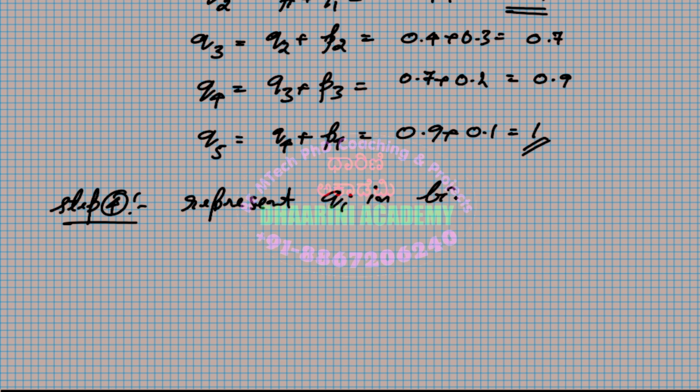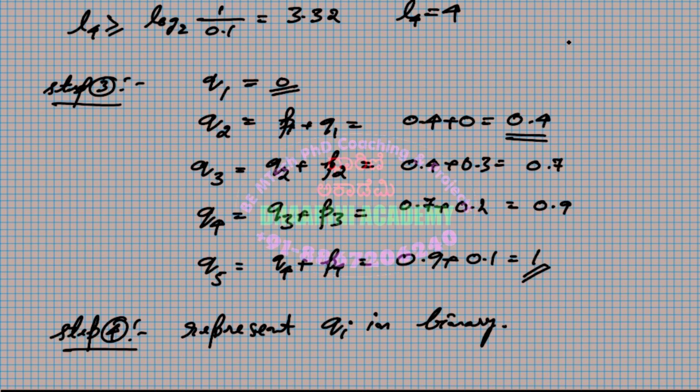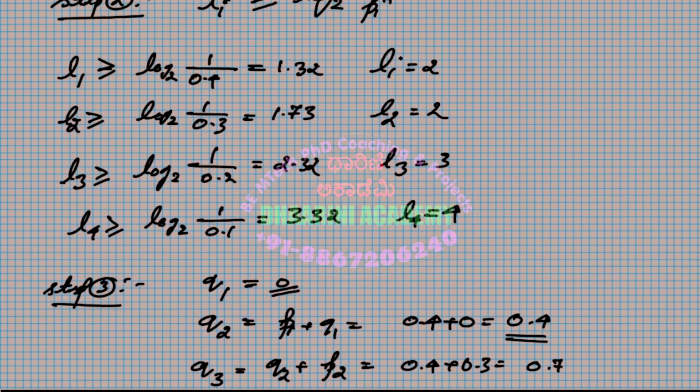That will be step number 4: represent Qi in binary. When I try to represent in binary, I should make sure that the length of my binary data satisfies this condition.